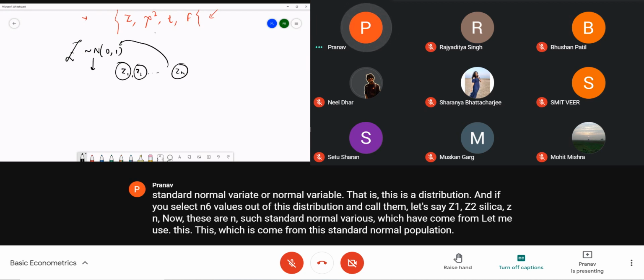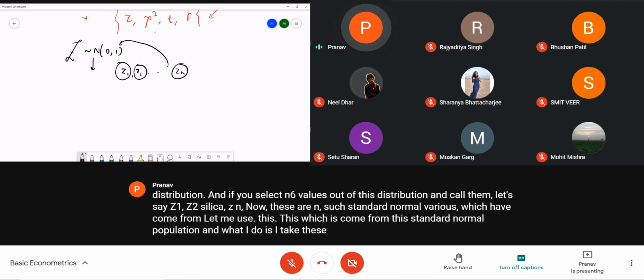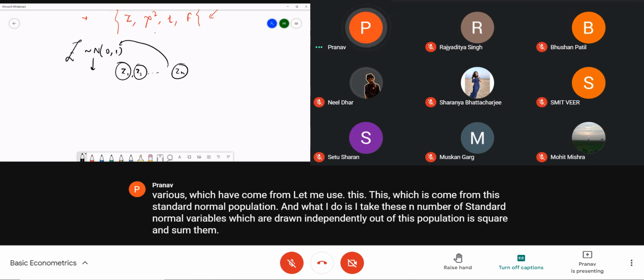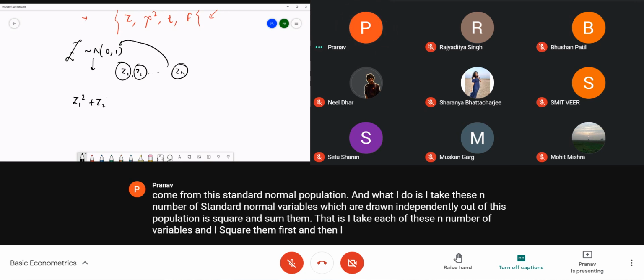And what I do is, I take these n number of standard normal variables which are drawn independently out of this population and square and sum them. That is, I take each of these n number of variables and I square them first, and then I sum them up.